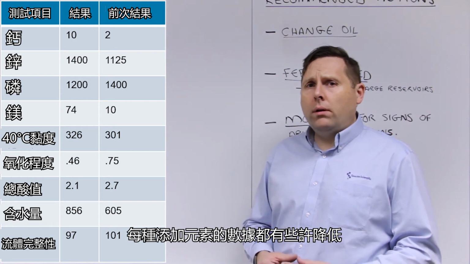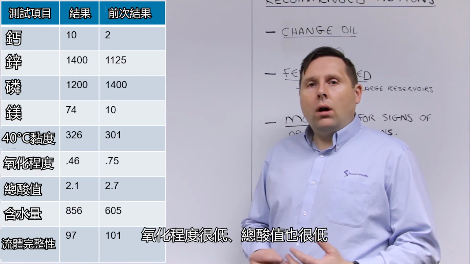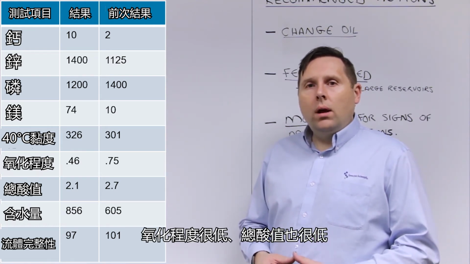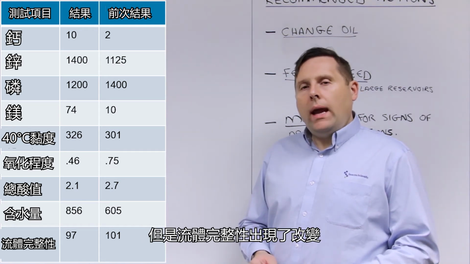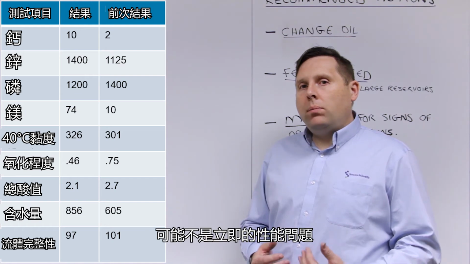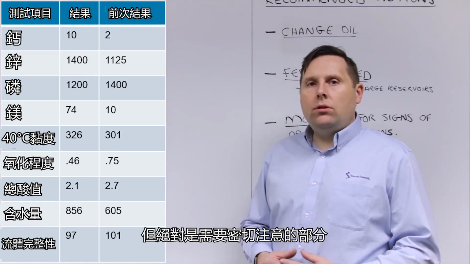There's a little bit of a lowering, but it's not conclusive by any means. Your oxidation is quite low, your acid numbers are quite low, but if you notice, your fluid integrity has seen a change. So that indicates that there is a change. It may not be a performance-based issue right now, but there's certainly some differences there that you need to keep an eye on.